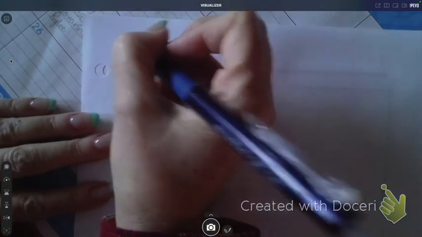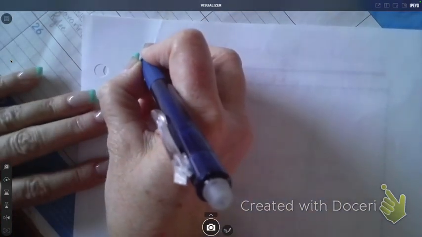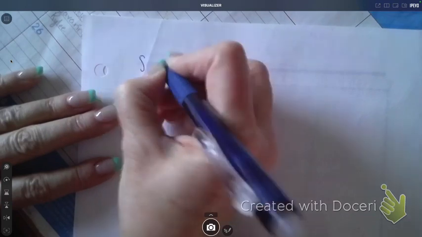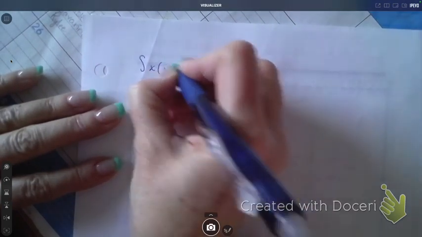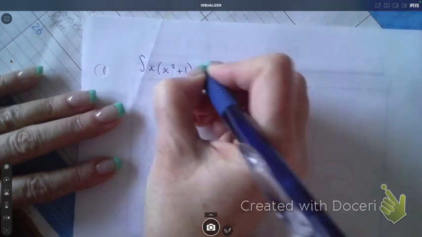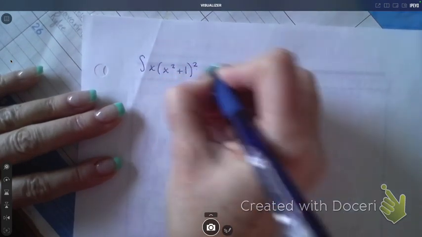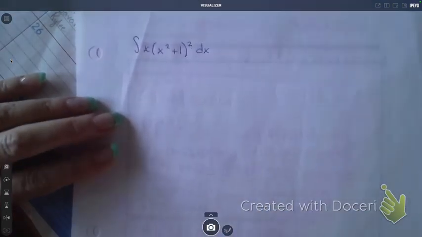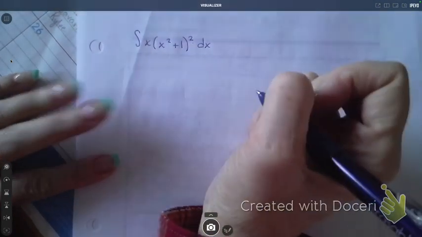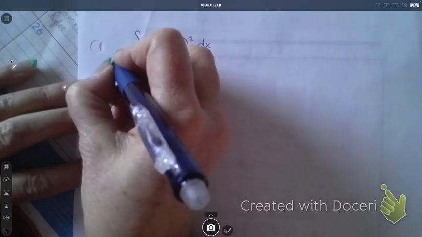Okay, so now I have the integral of x times x squared plus 1 squared dx. So what is u?